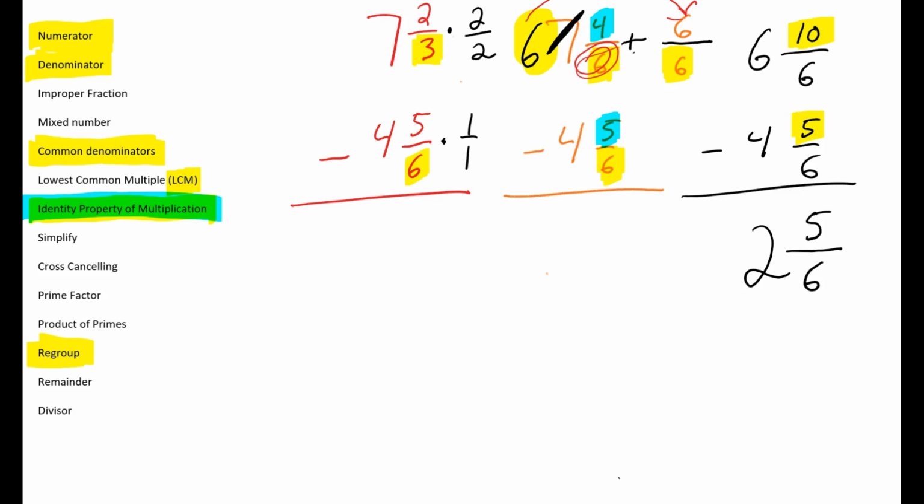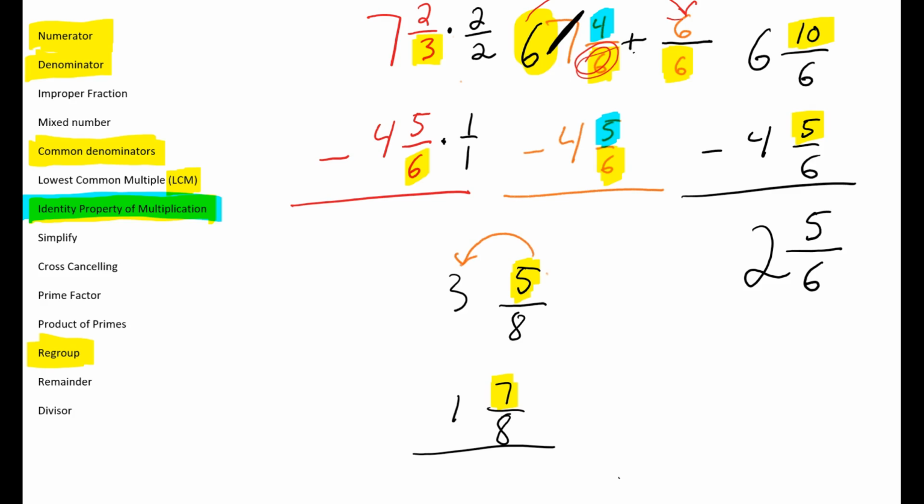So a couple of things that you need to be aware of, a couple of review things. If I have 2 fractions, and my numerator on the bottom is bigger than my numerator on the top, I have to regroup from my whole number right here.